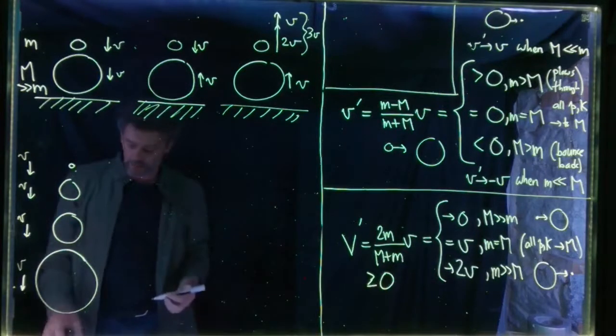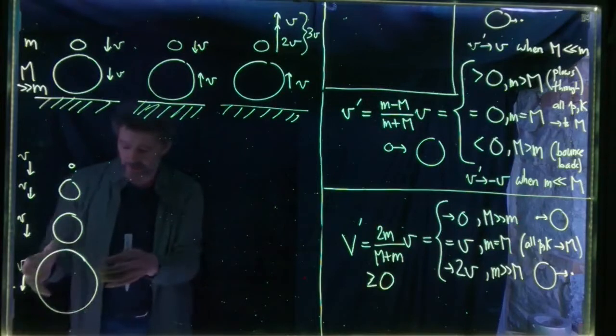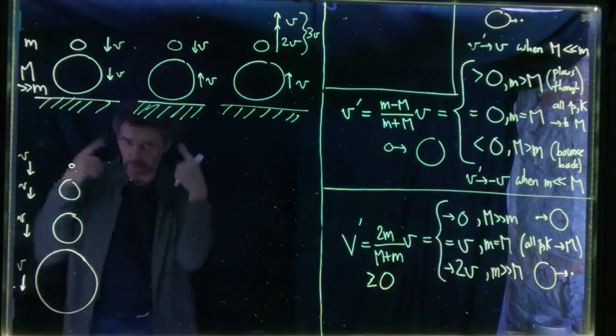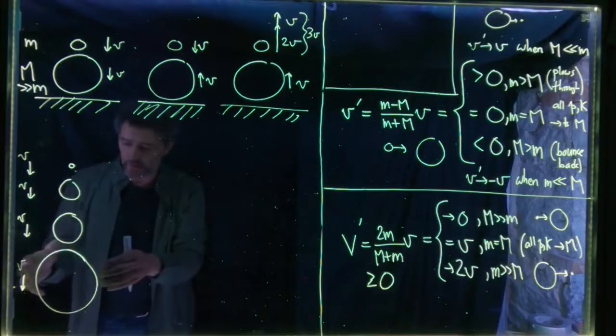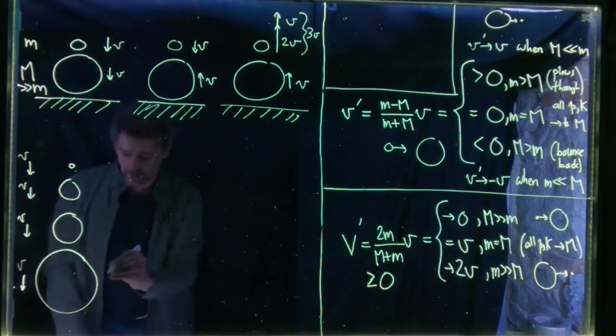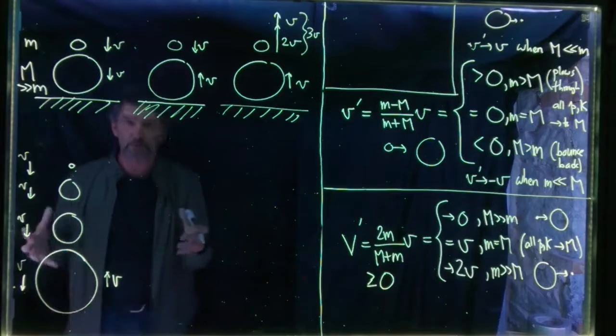Then we think, okay, as soon as this largest ball hits the ground and bounces up, we've put a little gap here to aid our thinking. So the big ball hits the ground and bounces up. After the bounce, it's going to be moving with a speed v upwards. These are perfectly elastic balls.